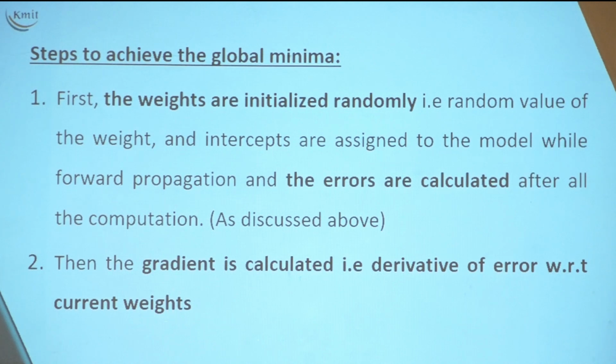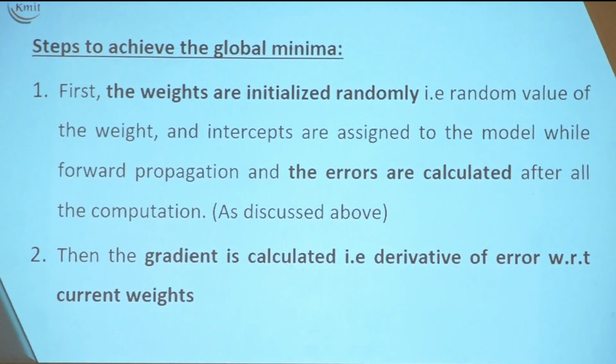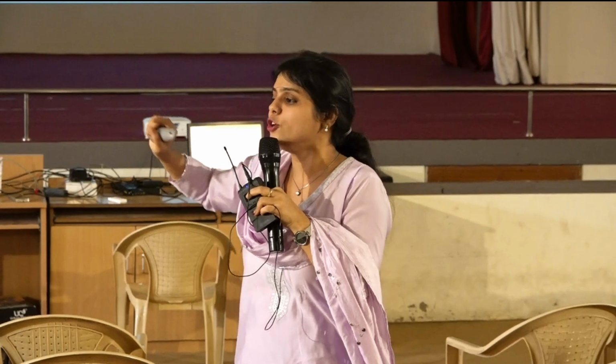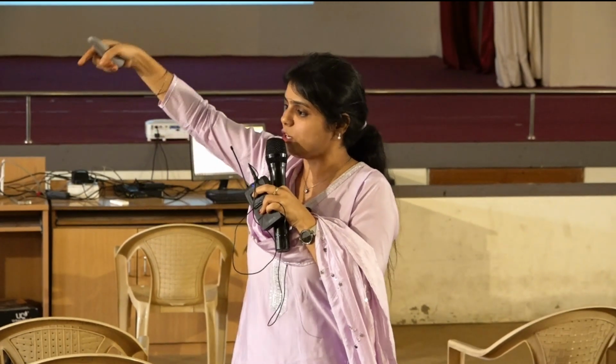Then we calculate the error and the gradient for each weight that we are updating. Please remember this: derivative of loss with respect to weight. In gradient descent, we calculate the derivative of loss with respect to each weight, that is dou L by dou W. Dou L is the loss, dou W is the weights.